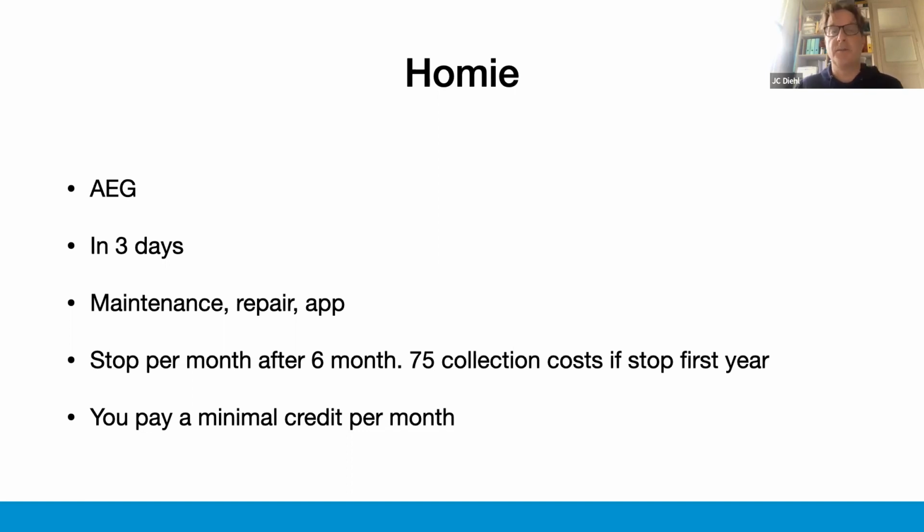In this case, you can stop after 6 months, and they ask you 75 euros collection cost in the first year. Again, to stimulate the consumer to use it for a longer time in their home before it has to be refurbished and go to another user.